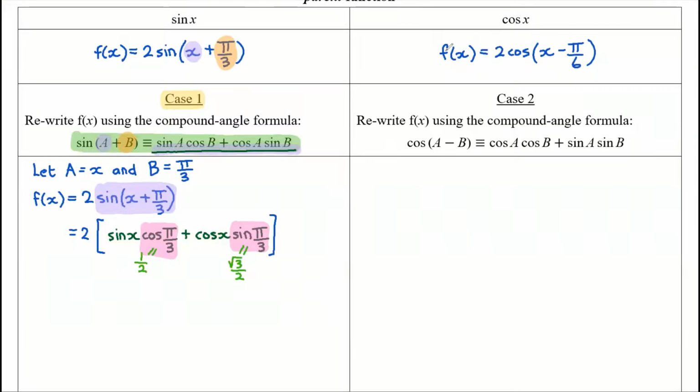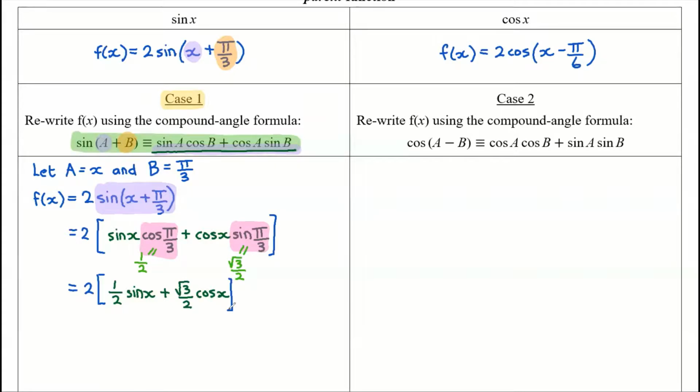So this is going to equal 2 multiplied by, and inside the bracket, I'm going to put all that together: 1/2 sine of x plus root 3 over 2 cosine of x. And we're going to close the brackets here.